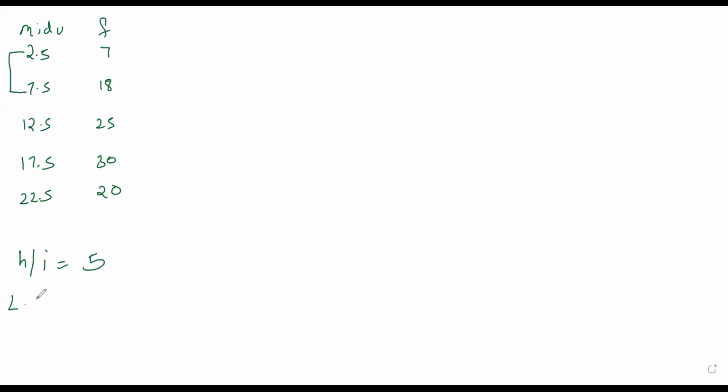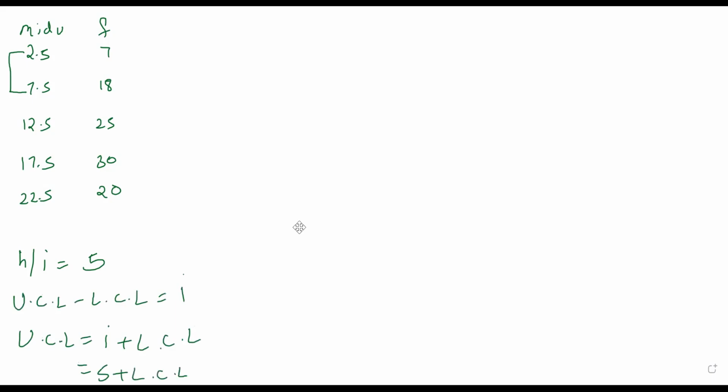Now upper class limit minus lower class limit is the class interval. So upper class limit is equal to class interval plus lower class limit. So here it will be 5 plus lower class limit.